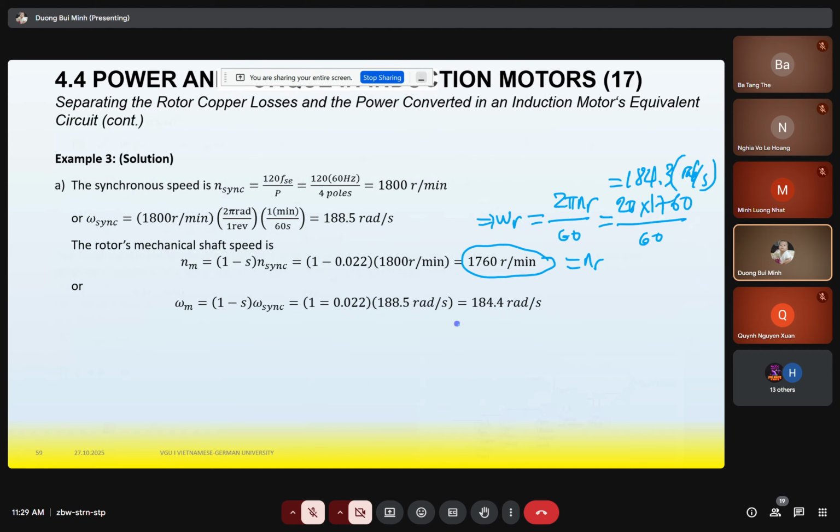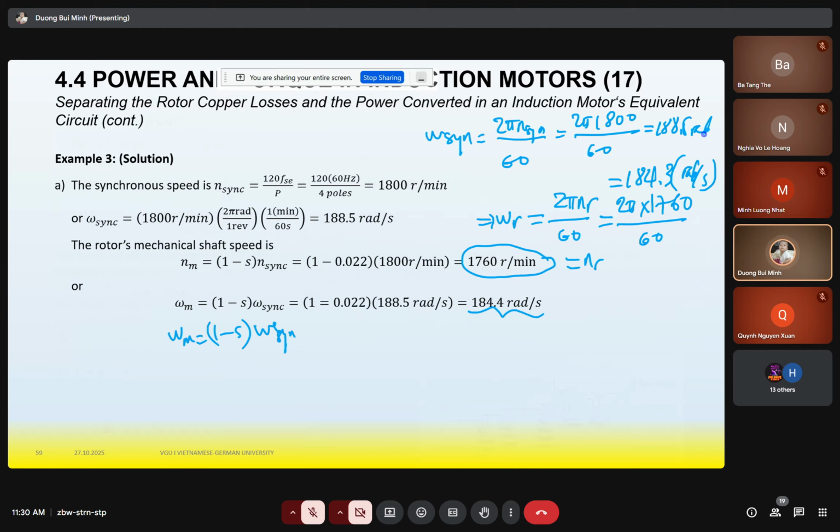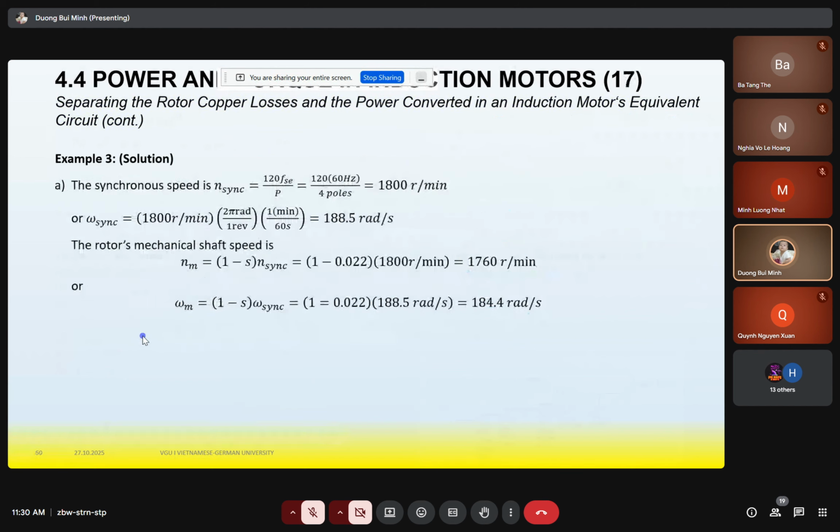Or we can calculate omega m as 1 minus s times omega s. We need to calculate omega s, which is 2π times n sync over 60, equal to 2π times 1800 over 60. You get 188.5 radian per second. So it's up to you; we have many ways to calculate rotor angular speed. This is question B.